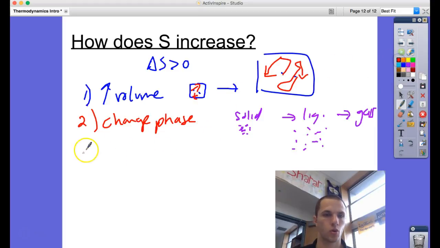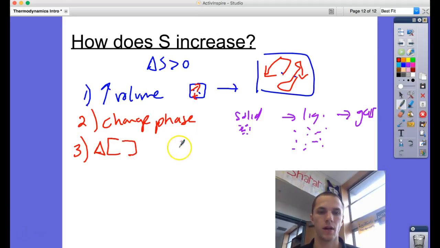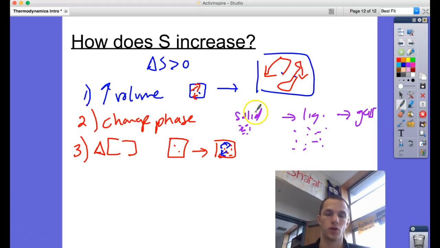Okay. We could also change the concentration, the molarity. If you have something with 2 dots in it versus something with 10 moles in it, there are way more possibilities, way more combinations of how these molecules can be organized. So entropy is greater when the concentration is increased.